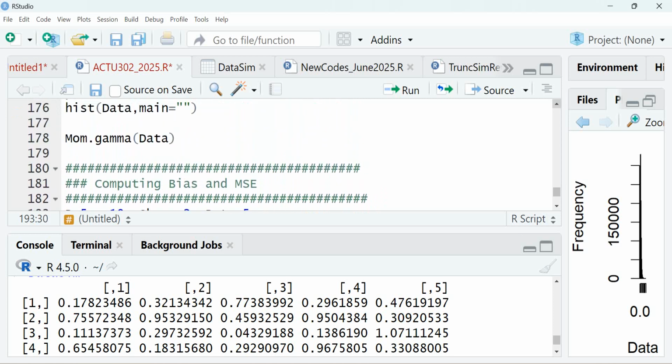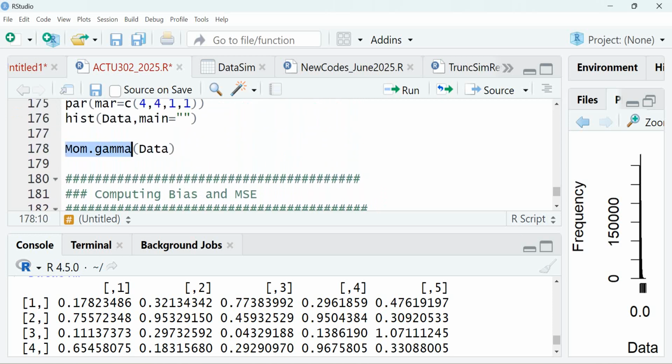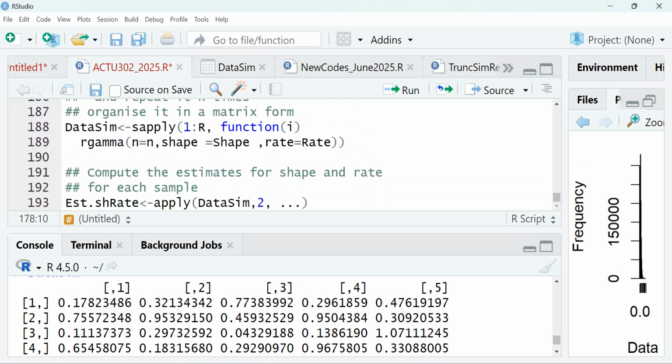The function was momgam. What this means is that we take each column, and each column will be passed to the mom gamma as a data set. So at the end of the day, we are going to get 2 estimates for each of these 5 repetitions.